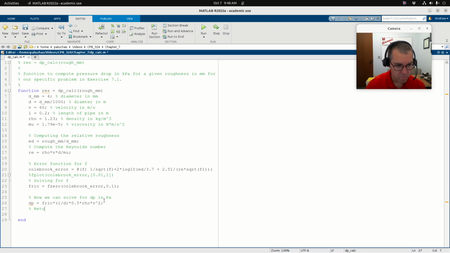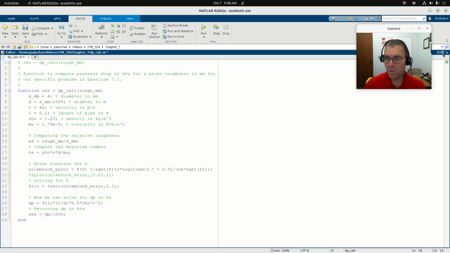And now returning dp in kilopascals, since we're given two reference values in kilopascals, I'll do res is dp divided by 1,000, because pascals to kilopascals, I'm going to divide by 1,000.